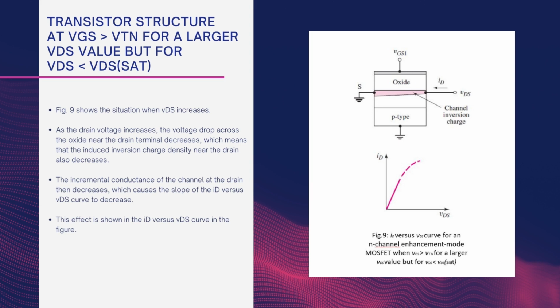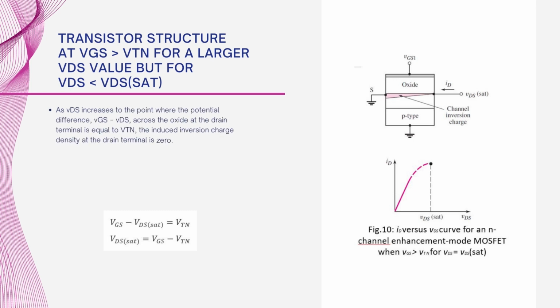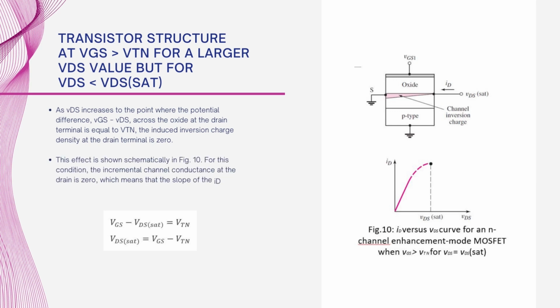This effect is shown symmetrically in figure 10. For this condition, the incremental channel conductance at the drain is 0, which means that the slope of the ID versus VDS curve is 0. So, we can write that VGS minus VD sat is equal to the threshold voltage, and VD saturation is equal to VGS minus VTH.